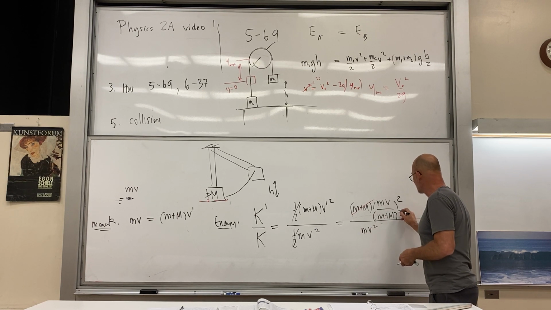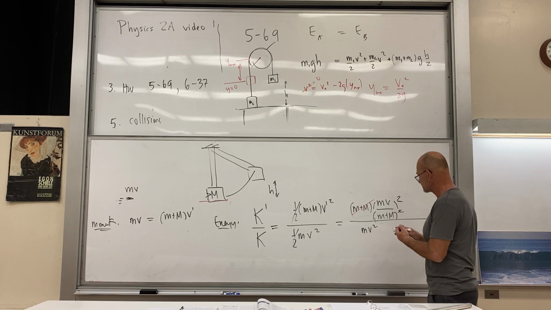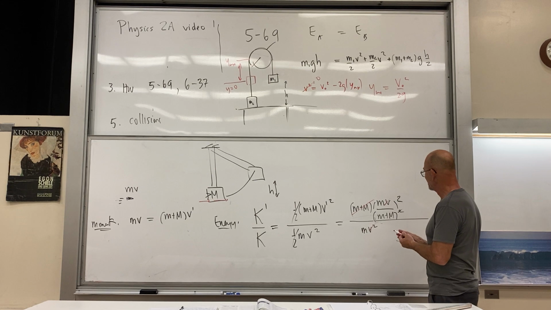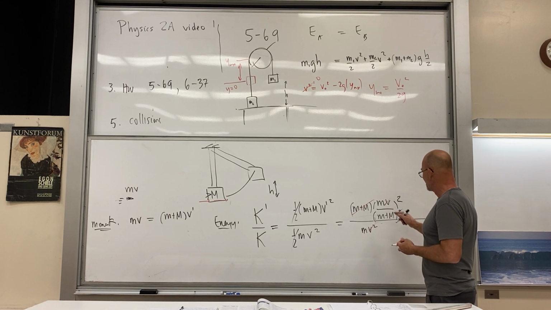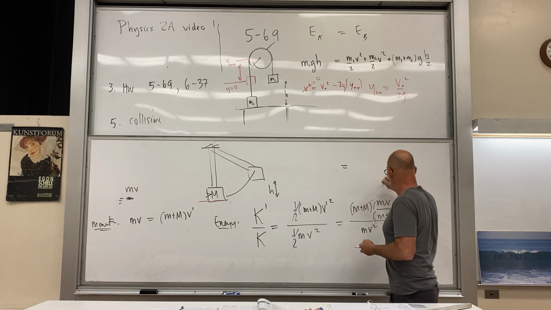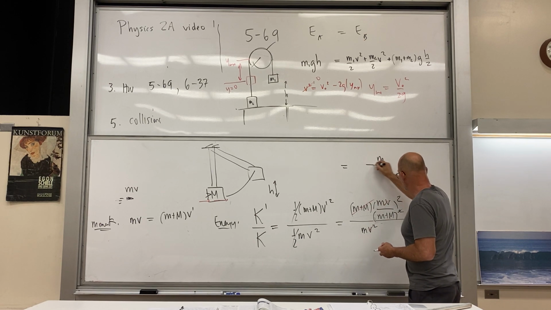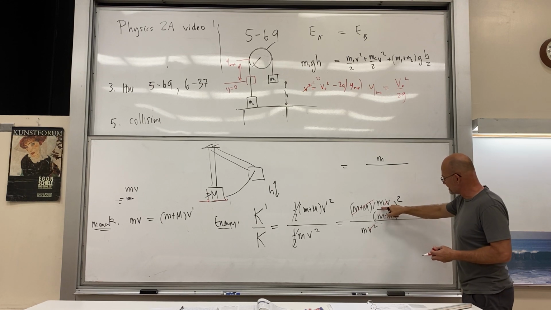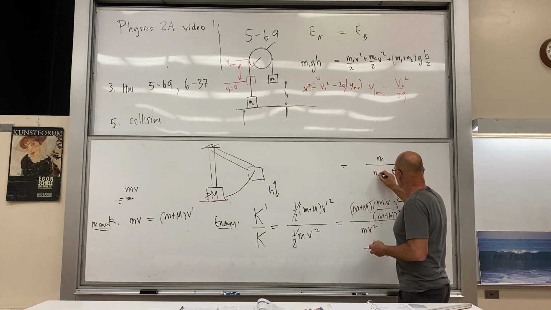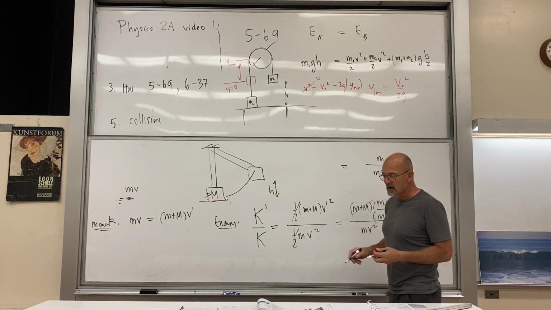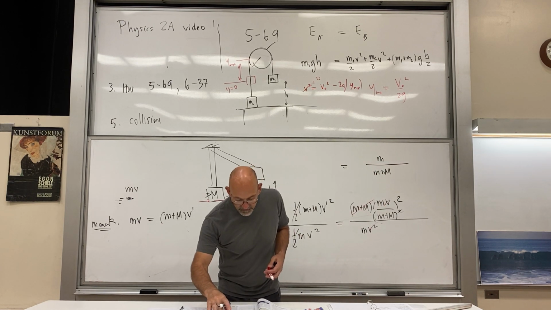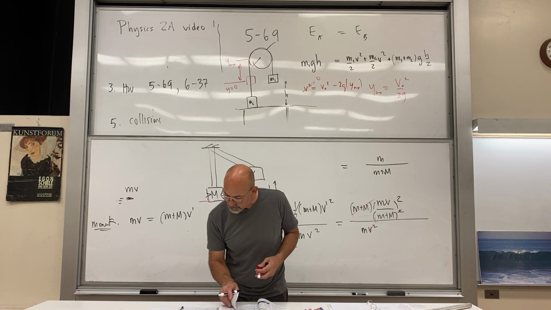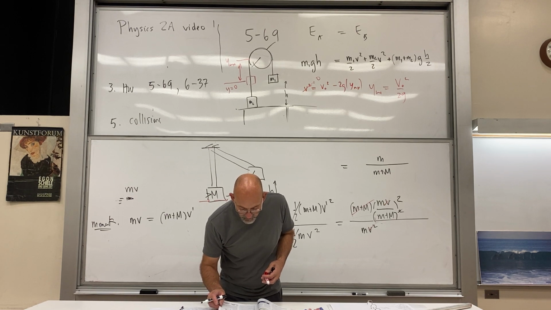V squareds are going to go away. That's nice, V squared against V squared. We're going to end up with m in the numerator, since one of the m's cancels against the squared one there, over m plus capital M in the denominator. Anything else on that question? Yeah, that's what they wanted to know for part B.